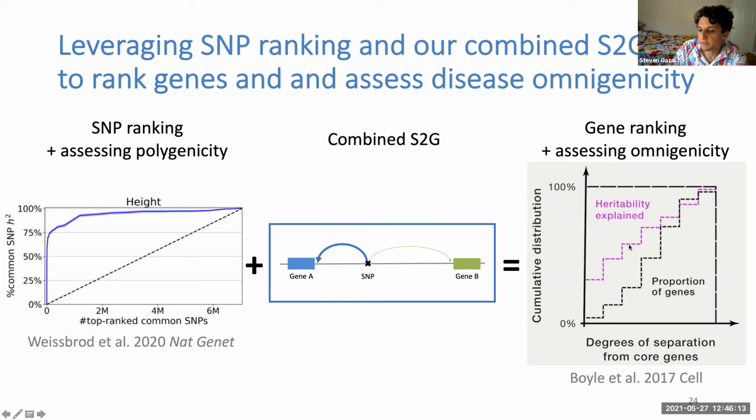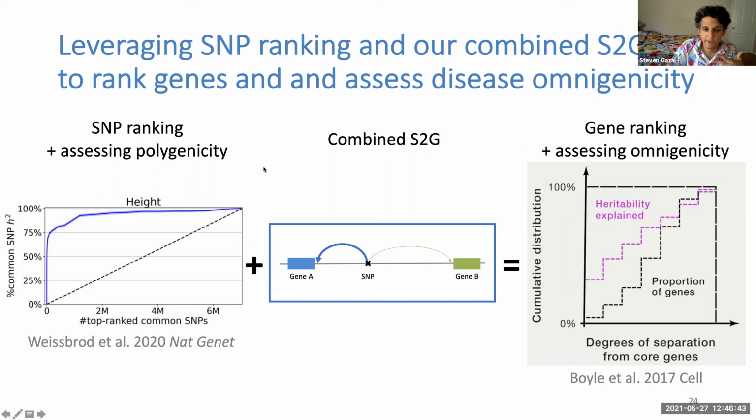And then the further away you are from these core genes in terms of the network, the less heritability you explain. But in the end, it's really through a gene network involving all the genes that you explain the total heritability.